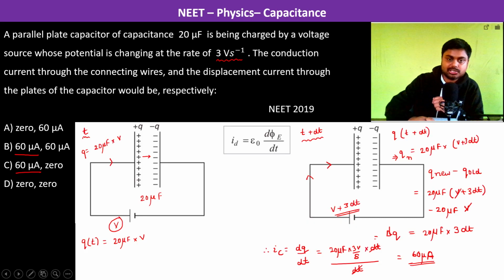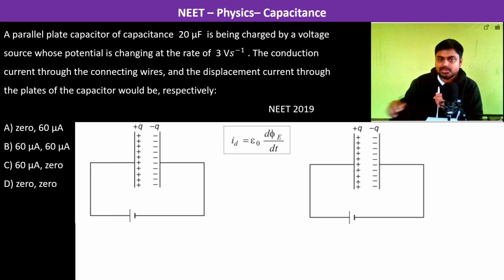So the charge was 20 microfarads into V, okay. Now this is the formula for displacement current, epsilon naught into d phi e by dt.